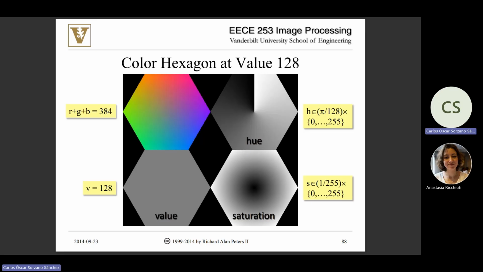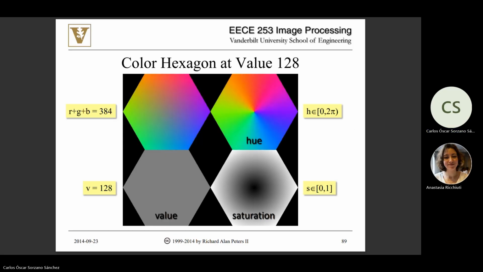Then the hue is the angle going from red to your color. For these points the hue is very small because the angle needed is small, and as you turn around you need higher angles. Any questions? So again, three numbers to represent a color. That's all.